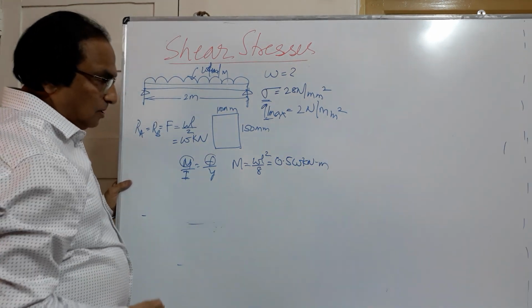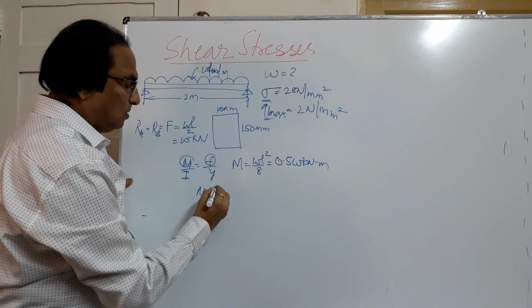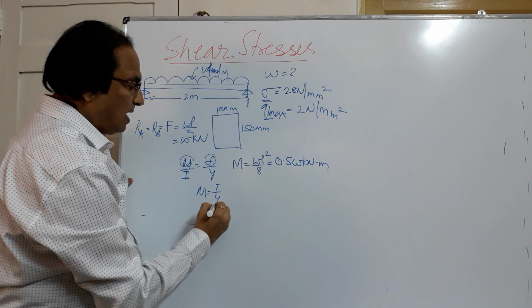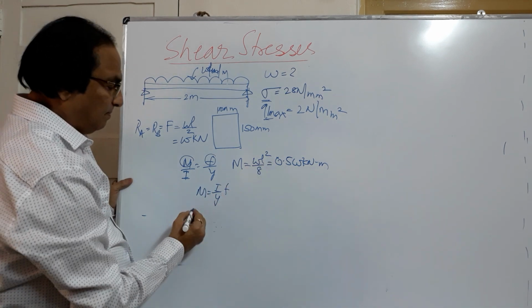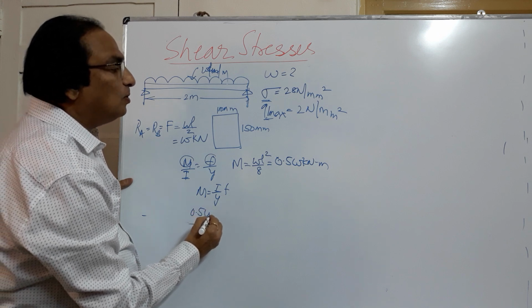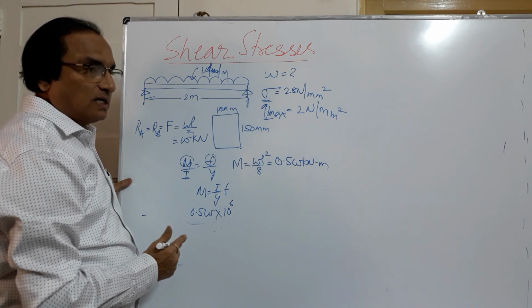Here if I substitute in this equation, M is equal to I by Y into F. Here M is 0.5 W into 10 to the power of 6, converted to Newton mm.